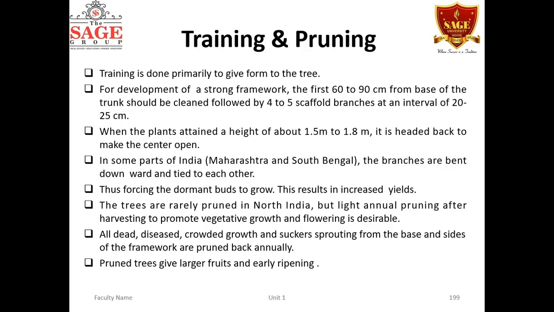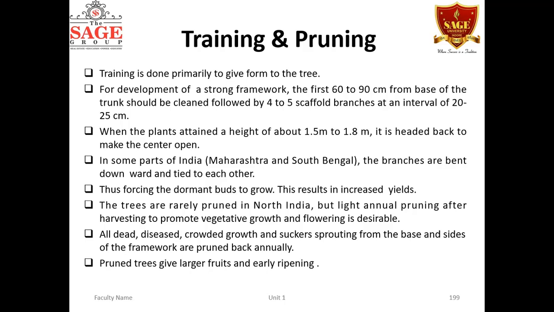So for this in Guava, there is one practice for the erect growing branches. We can lower them somewhat. If two Guava plants are growing side by side, we can tie their branches together with some rope or thread, and at the bottom keep one very big stone or some heavy weight, so they will be lowered down toward the ground.